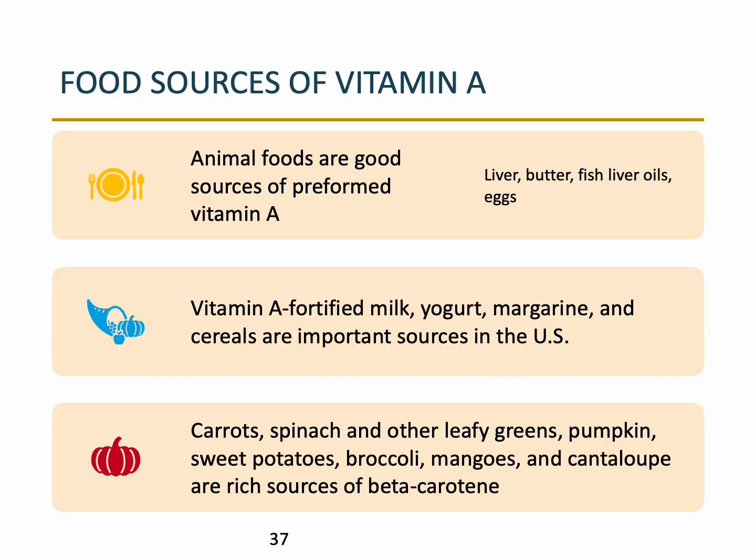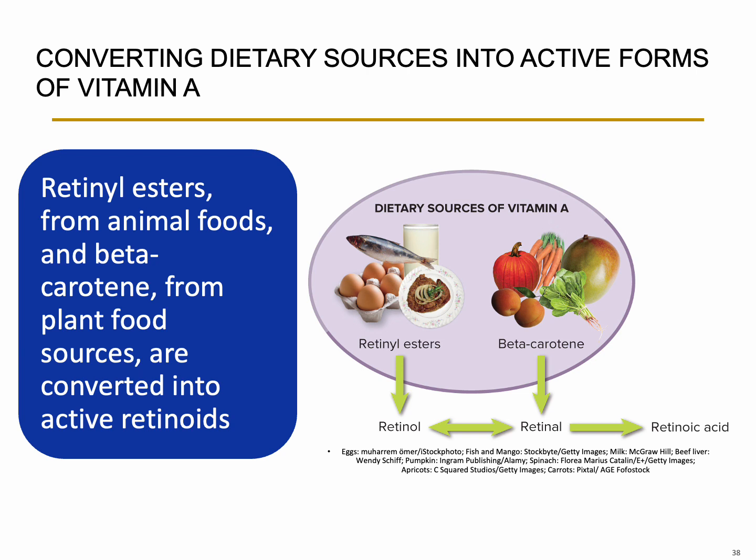So food sources of vitamin A are pretty widespread, considerably higher in animal foods, but we do convert some of the preformed vitamin A, the plant pigments like beta carotene, into vitamin A. So you can see we can convert plant sources of carotenoids, plant pigments, into vitamin A, but the efficiency is not great.